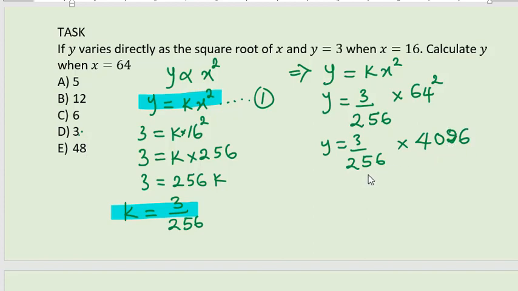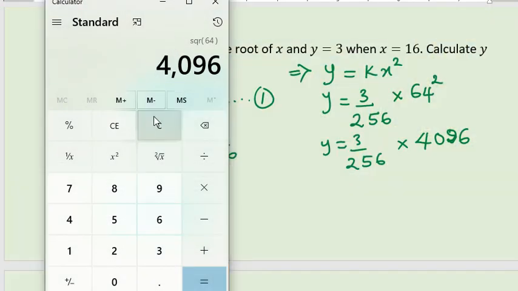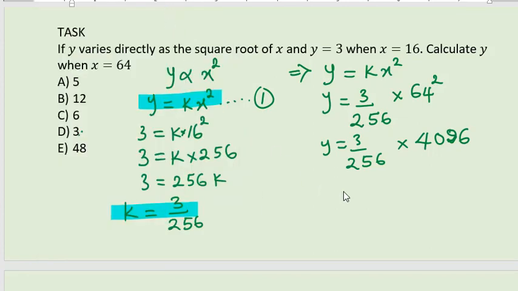At this very point, you can multiply directly and divide. So you can say 4096 multiplied by 3 is giving us 12,288. Then let's divide. Divided by 256 is giving us 48. Okay, so everything gave us 48. So y is equal to 48, and that was very much simple.